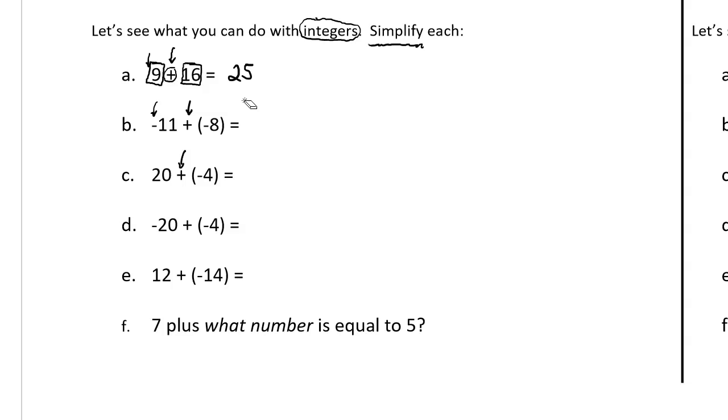Question B. Identify that the first number is negative 11. Identify that the second number is negative 8. Identify that you're adding them. Negative 11 add negative 8 is negative 19. Excellent job if you got that right. In elementary school, you learn many ways to think about adding integers.